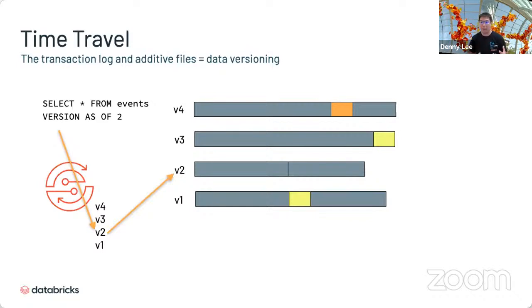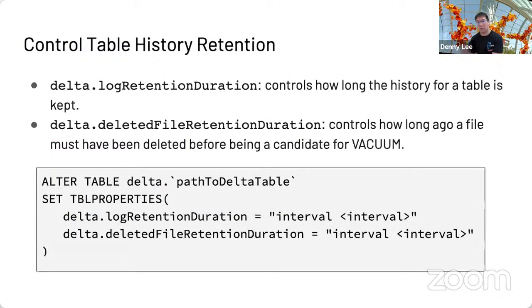Now, there are things about how long of a retention you have. I'm actually going to cover that right now, which is the files themselves, the deleted file retention duration. Basically, by default, we're going to retain 7 days of data. Now, we actually won't delete it ourselves. You have to run a vacuum statement.